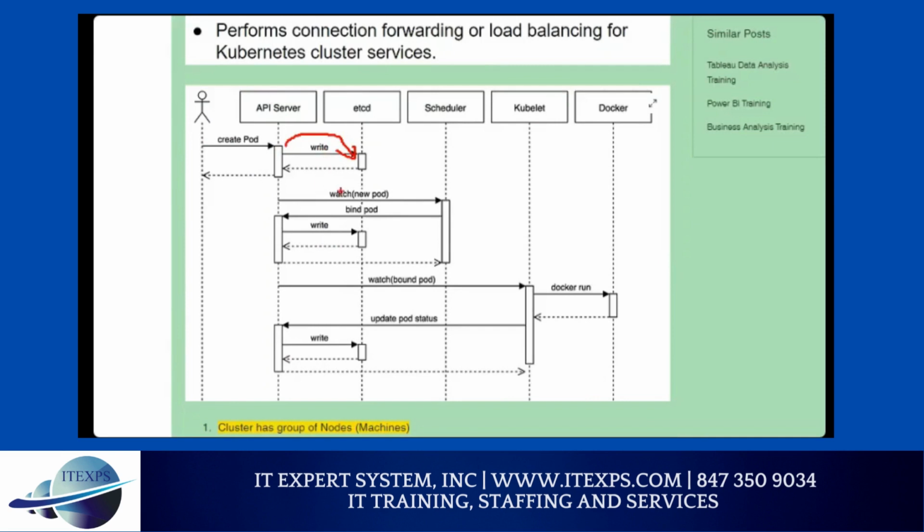And then there's a watch by the scheduler. When etcd is written, this is like a listener that says, okay, I got something. Now you can call it a trigger. That trigger happens, and then it reads that and starts processing.